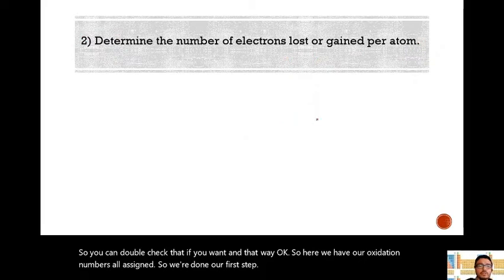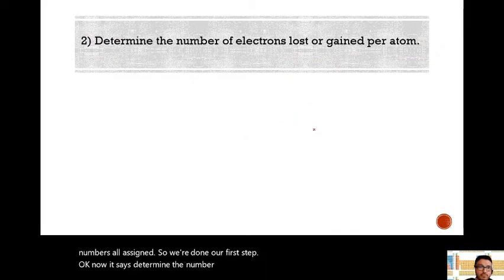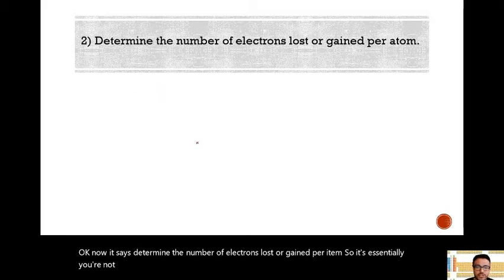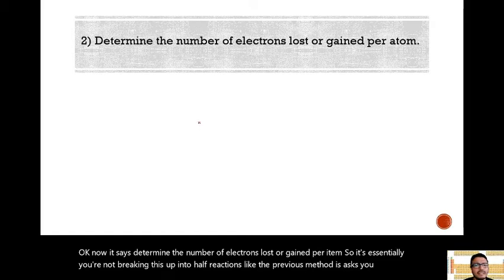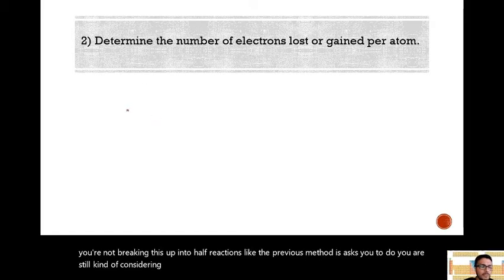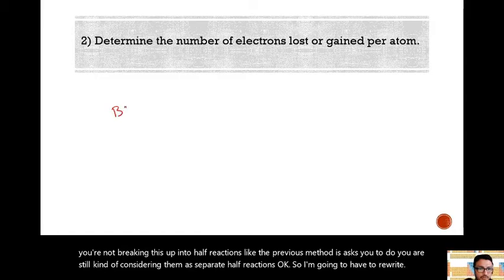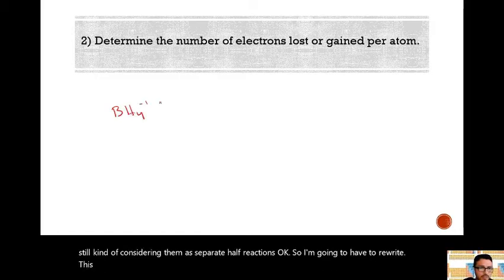Okay, now it says determine the number of electrons lost or gained per atom. Although you're not breaking this up into half reactions like the previous method asks you to do, you are still kind of considering them as separate half reactions. So I'm going to have to rewrite this redox reaction and the oxidation numbers.